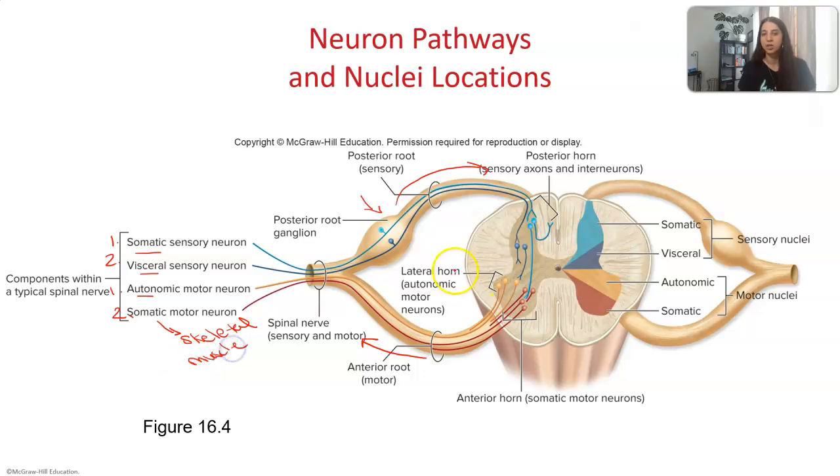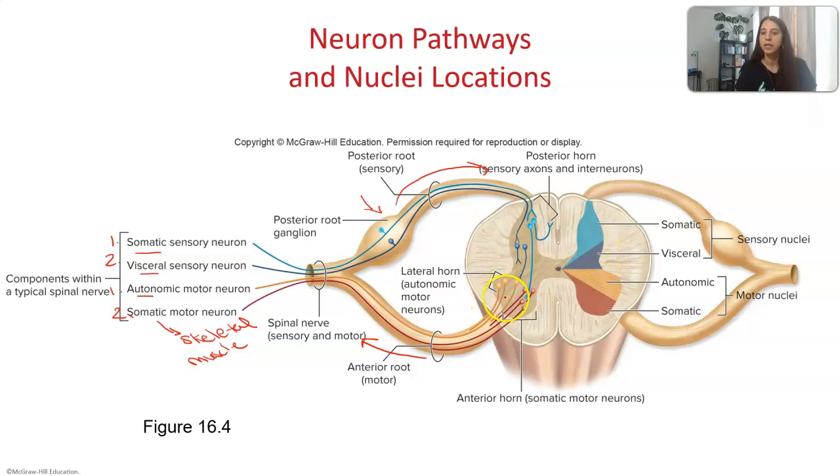So that information is very well organized when we look at the cross section of the spinal cord. In the posterior gray matter, the posterior horn, we have sensory information. We have sensory cell bodies projecting into the gray matter, and then we have interneurons, sensory axons and interneurons, and they're separated by somatic and visceral sensory.